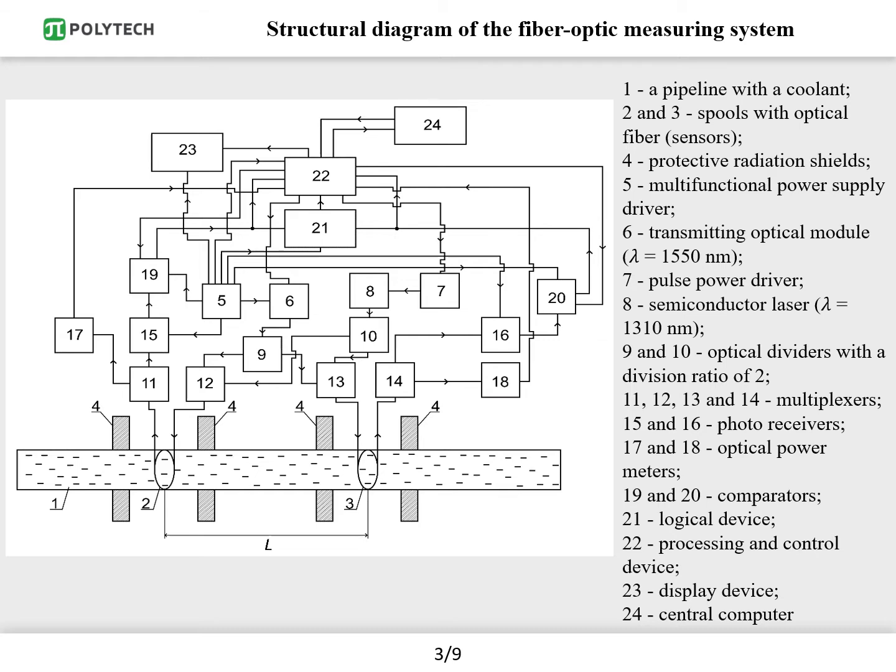In that case, the decrease of the value of Pout in the second coil will begin after some time, delta t, which corresponds to the flow of this segment of the coolant from the first coil to the second through the pipeline. Having established the same cutoff value for Pout, provided that two coils receive laser radiation from one source with the same power, it is possible to determine delta t using comparison circuits.